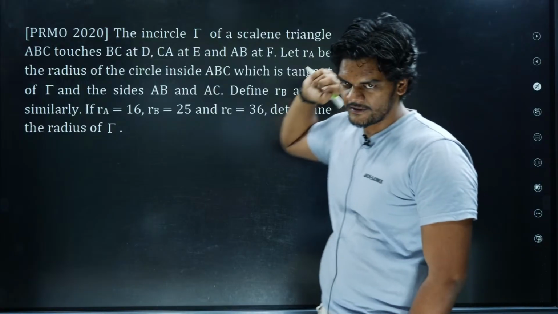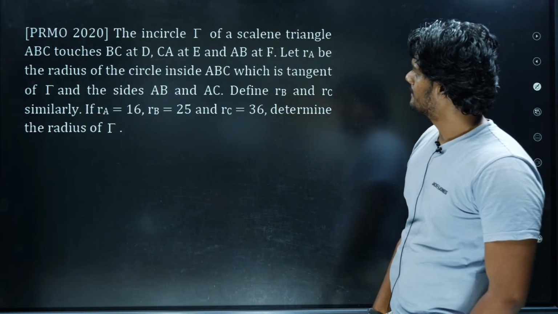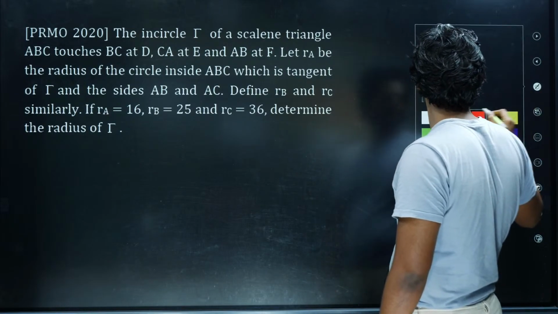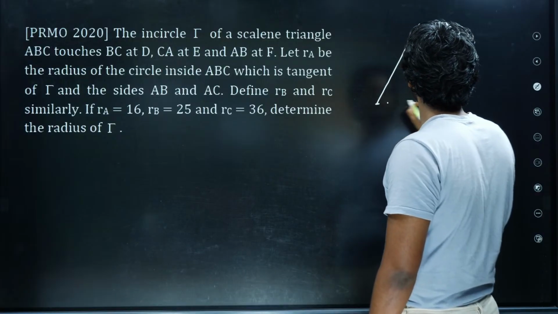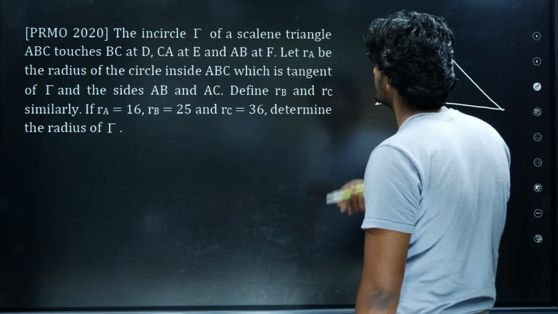This is the last question. This is the most interesting question actually, right? So we have an incircle gamma. So let me draw some random scalene triangle.